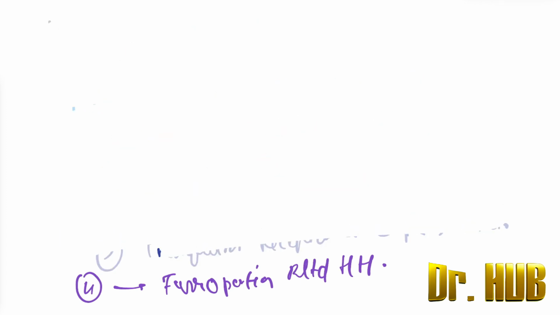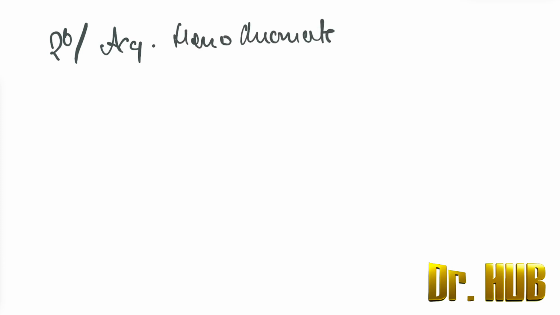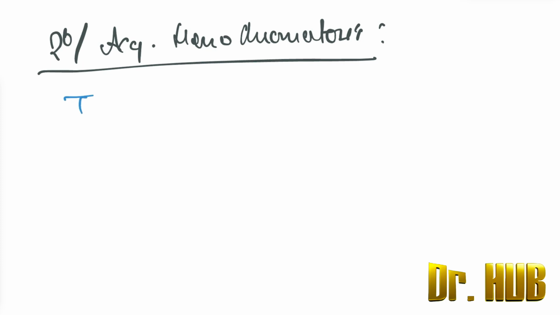Next we look at the secondary or acquired hemochromatosis. What does this include? It can include transfusion iron overload.